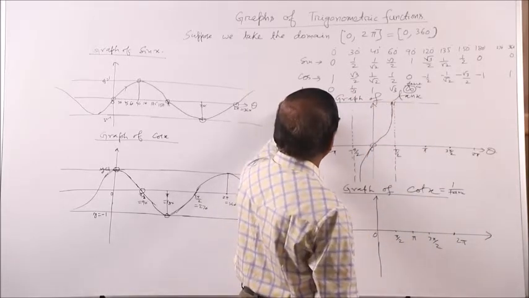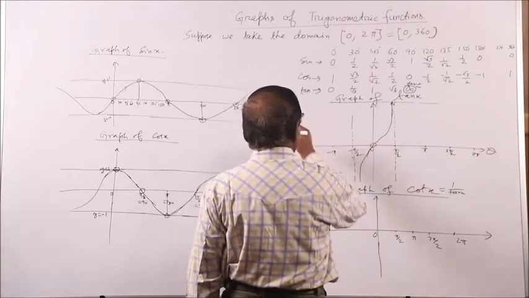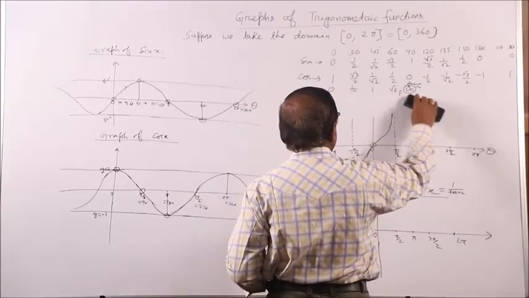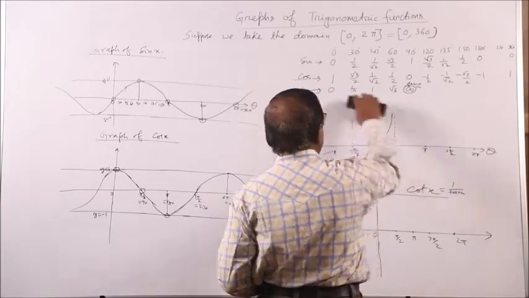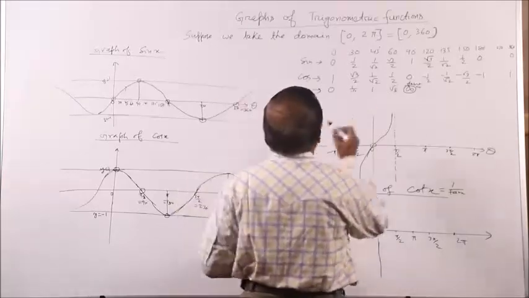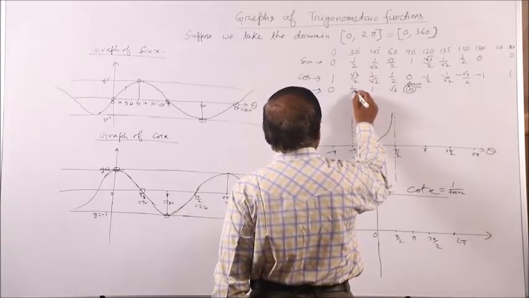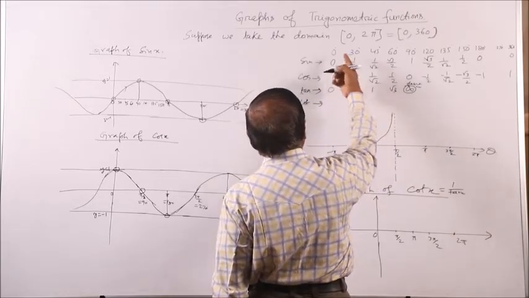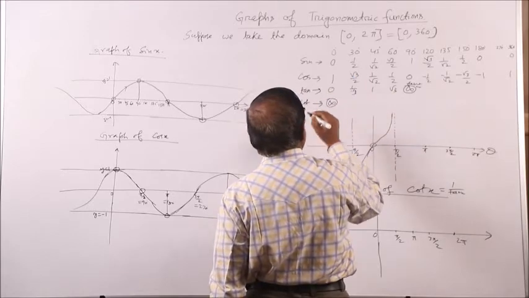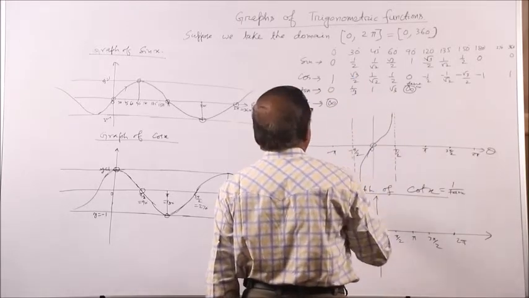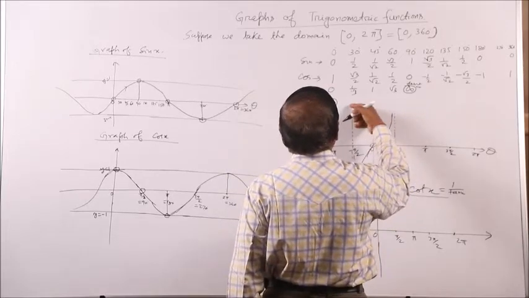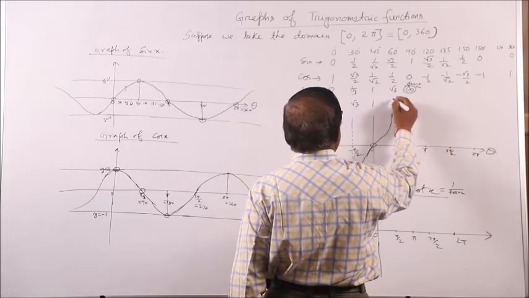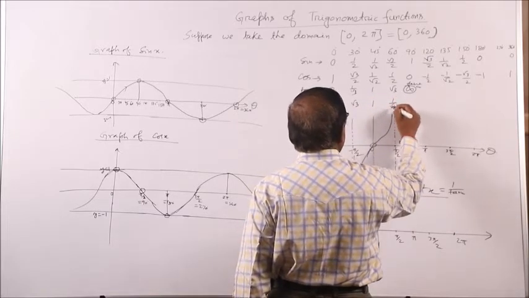You see this here in the table, here cot 0 is what? Here please see, if you write the cot value, that means cos by sine, it does not exist, not defined, and all those things are cos by sine. So, this will be root 3, this is 1 by root 3, and this is 0.